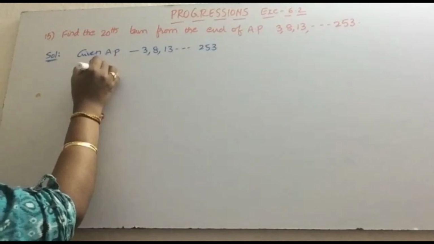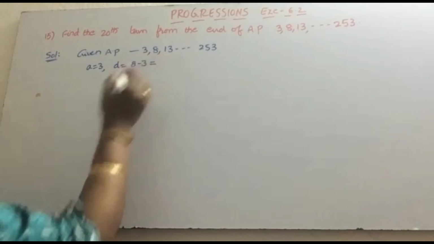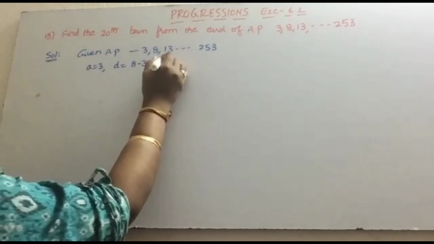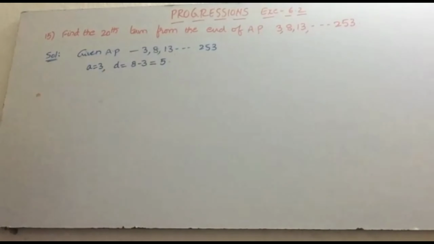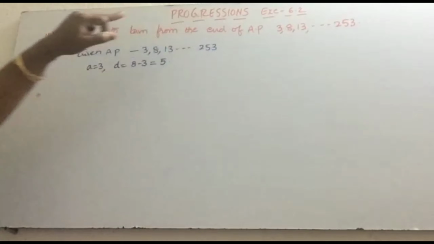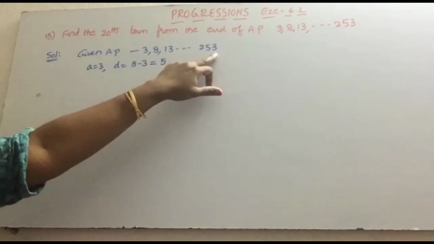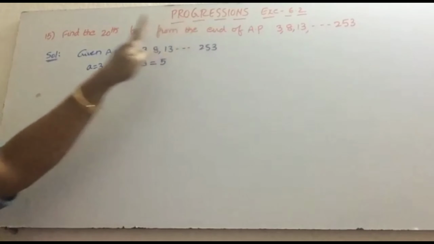Here A is equal to 3 and D is equal to 8 minus 3, that is 5. So they asked for the 20th term from the end of the AP. Now we will write the AP terms from this side.